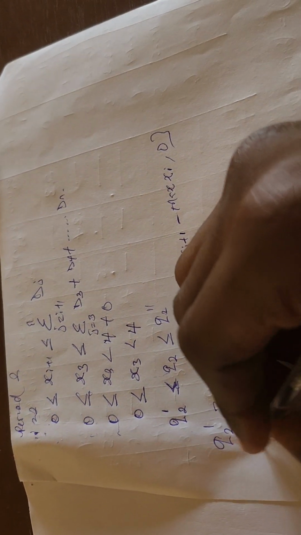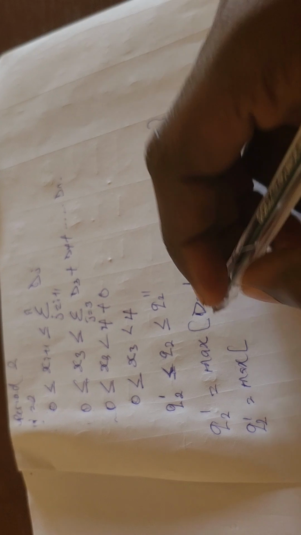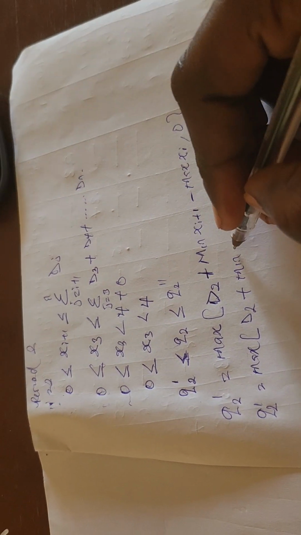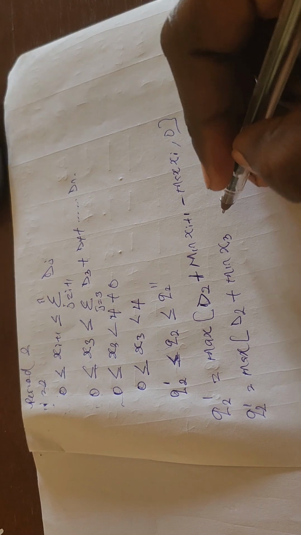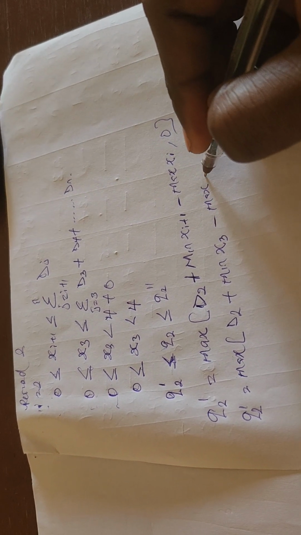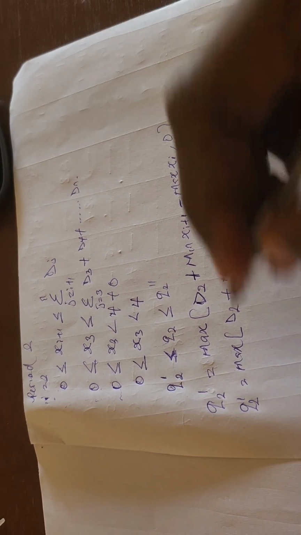So Q2 prime is equal to the max of d2 plus minimum of x3 minus maximum of x2, to 0, right?